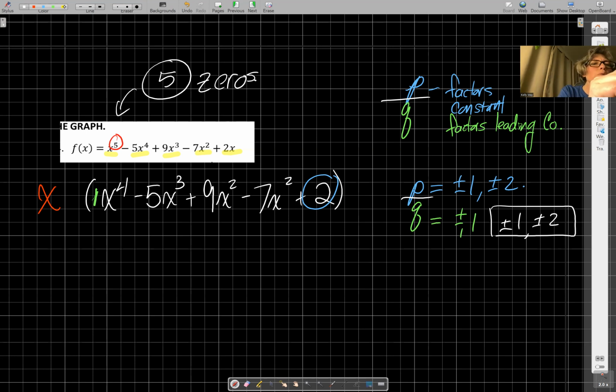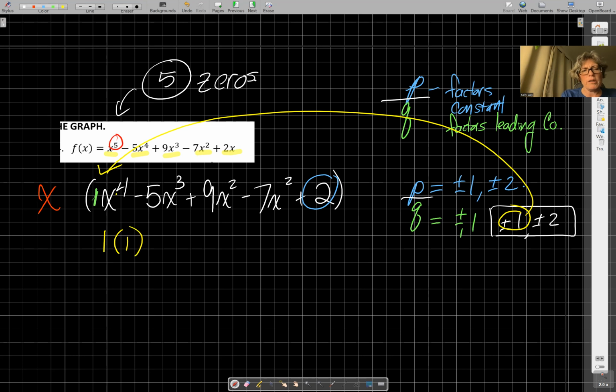So we're going to put positive 1, because that's easiest to work with. We're going to pop it in here and see if 1 is a root. All right, so we're just testing here. I pop 1 in there, and that's 1 times 1, right? That just makes that 5, then plus 9, and times 1, I'm going to start ignoring that. And minus 7 times 1, so that's just 7 plus 2.